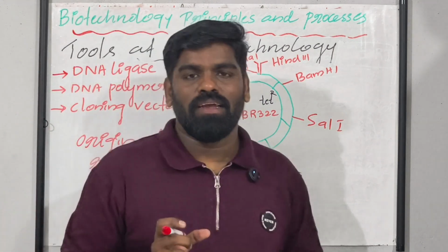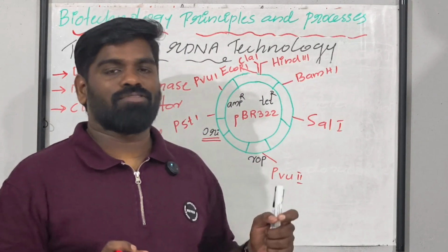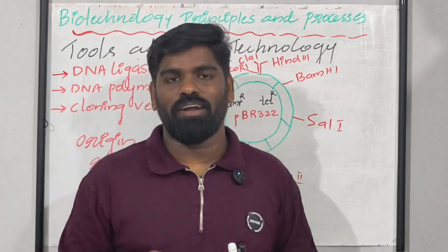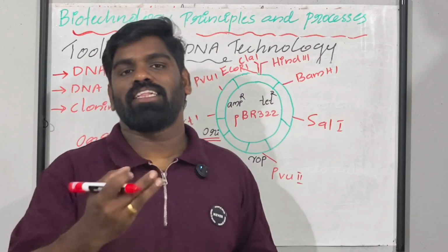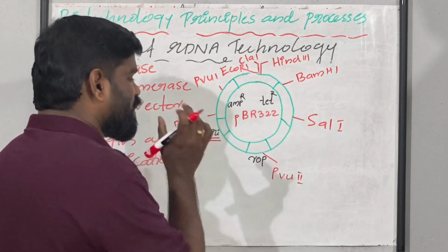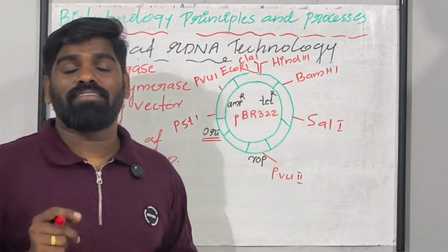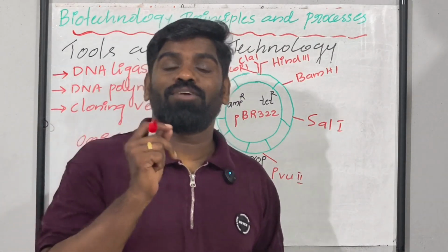So when any piece of DNA is ligated into the vector with the ORI site, it will replicate in the host organism. Keep that in your mind. The next important character of the ORI site is that it is required for controlling the copy number.